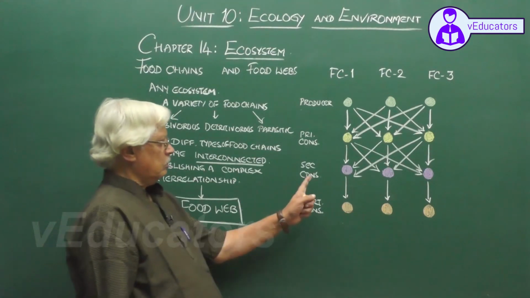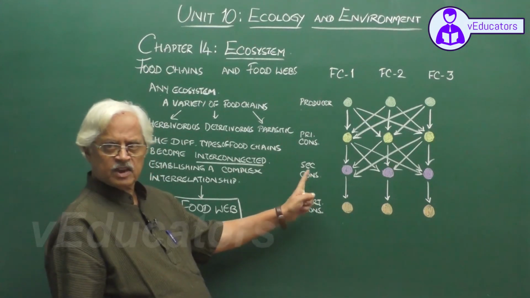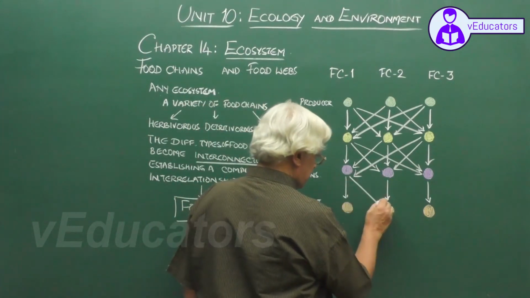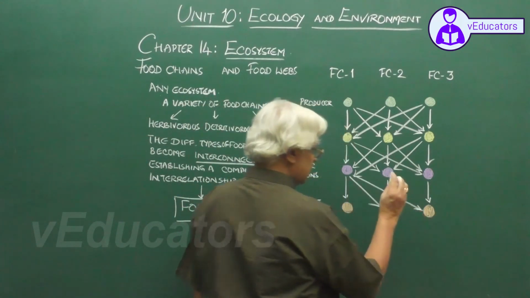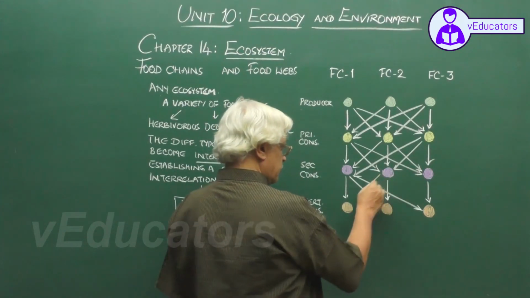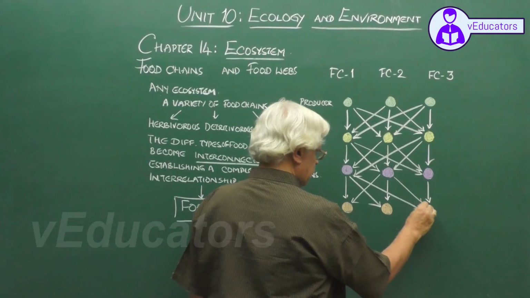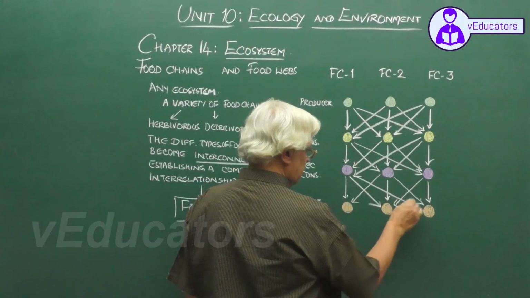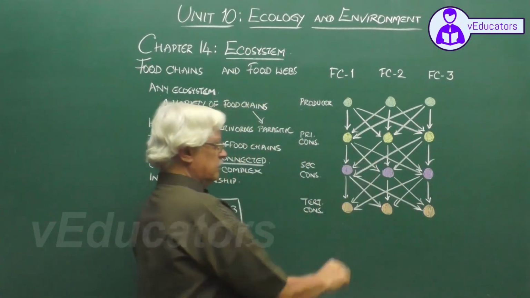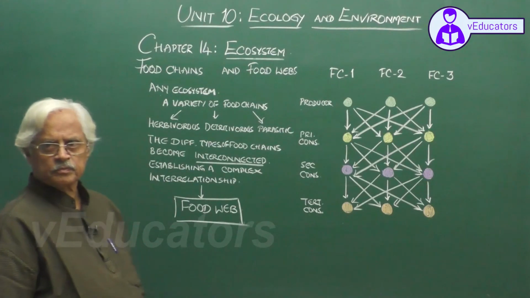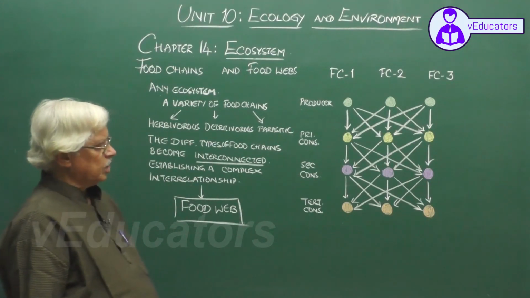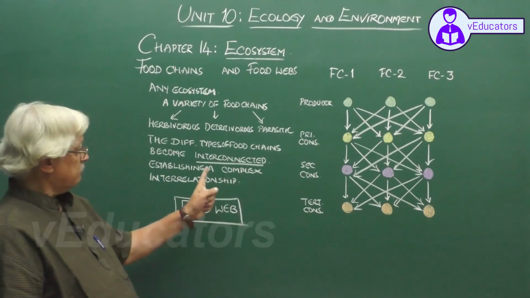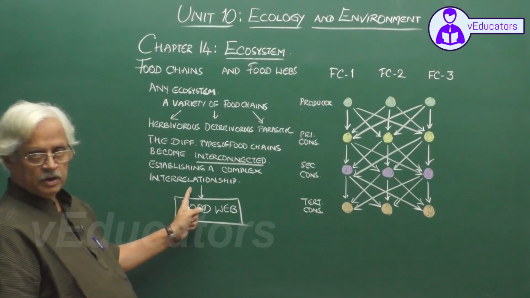Same idea holds good at the level of secondary consumer also. This animal can be eaten by this animal or this animal also. So you can see how food chains are getting interconnected, forming a complex interrelationship.